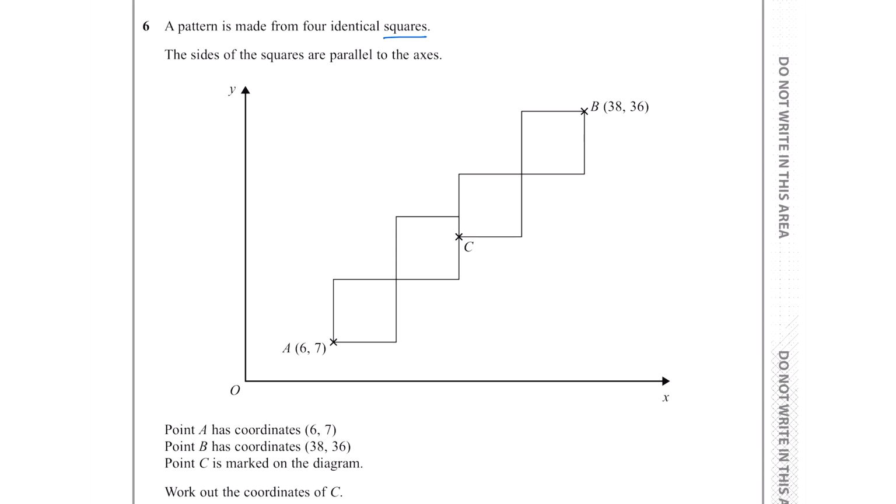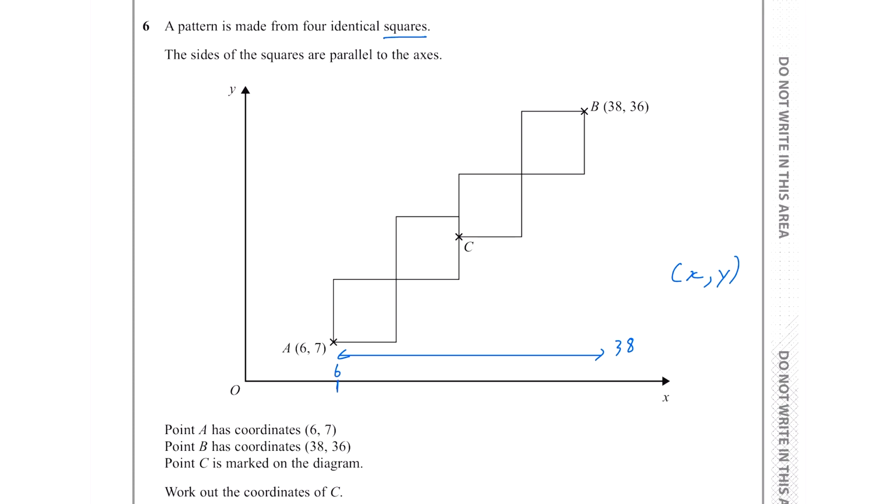So the way I would approach this question, they're all squares. If I can work out the side of one of these squares, that can help me solve this question. So the distance from here to here, remember coordinates are x, y. So I know right here it's 38, and I know right here it's 6 in terms of x.